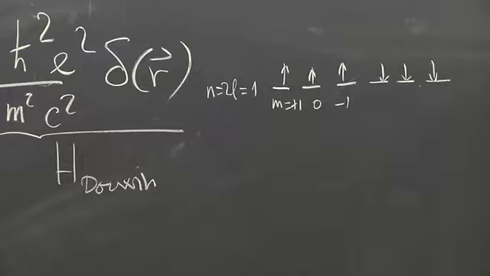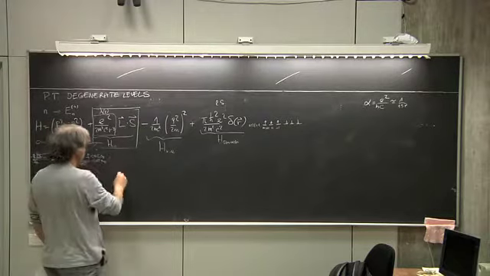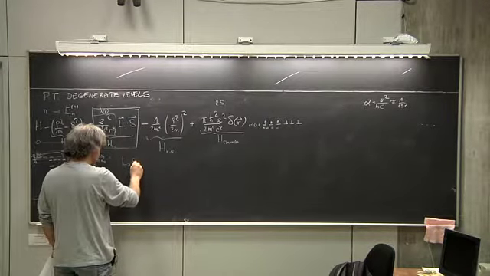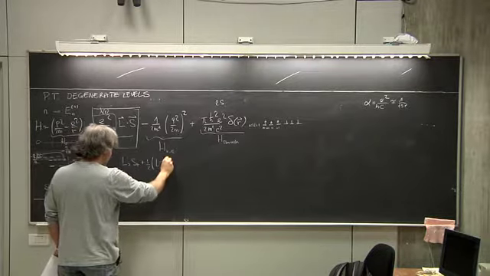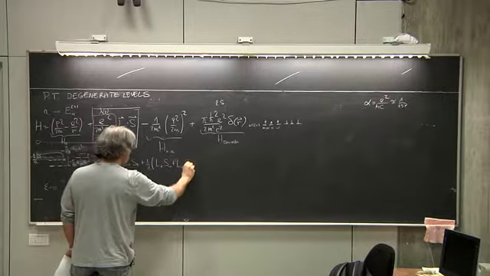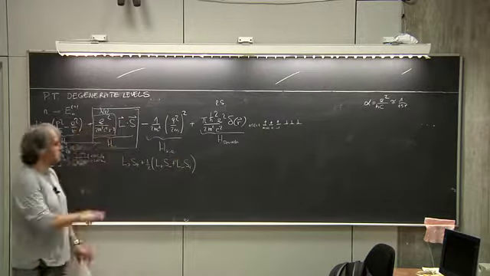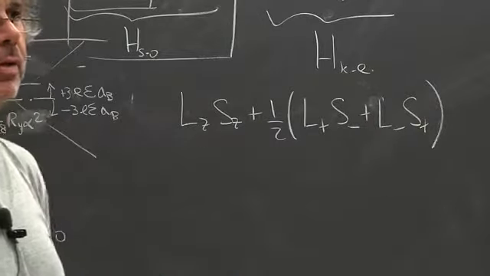They are all coupled by objects like this. Remember, because this has a term that is L_z S_z, but then there is plus 1/2, L plus S minus, plus L minus S plus. So this is diagonal, but the other scrambles everything.